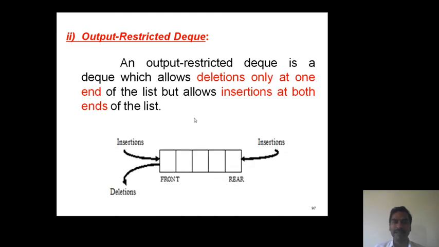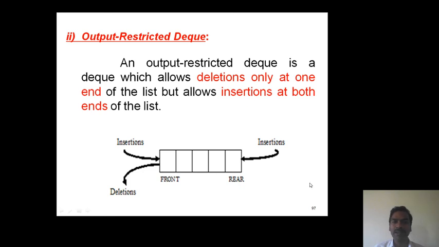Now it shows the diagrammatic representation of an output restricted deque. Here deletions are only at one end, hence the front end allows deletion operations, but insertions are at both ends of the list, hence insertions at the front end and insertions at the rear end are both valid.